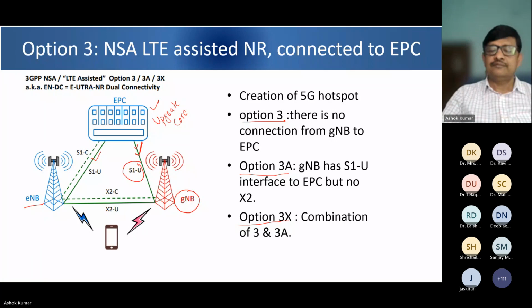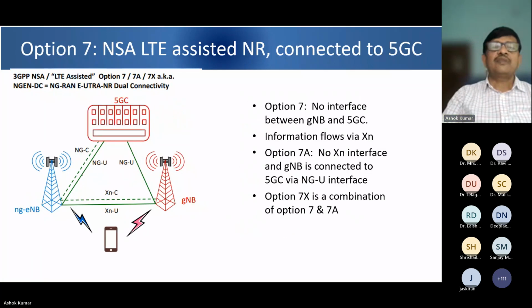Yes. Okay, great. Okay, this is option 7, which is called, as we said, NGEN. So the new radio, an enhanced version of 4G, that is the ng-eNB, is the master here, and this is the slave. But the 5G core is the core. Here I don't have a 4G core.